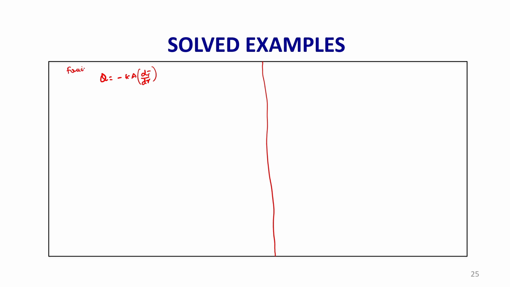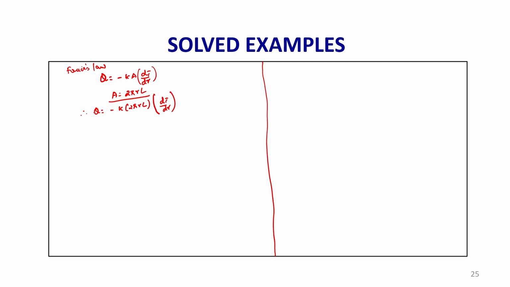The surface area A of the cylinder is 2 pi RL. Therefore, Q is equal to minus K into 2 pi RL into dt by dr.